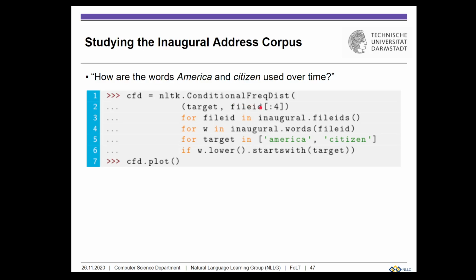That's where we get the years from. We feed this list of pairs into our conditional frequency distribution and check what we're doing again here. Actually, if we follow our previous logic, we should first go over the target, so that this is the condition. We say we want to have America and citizen. Then we get the year.